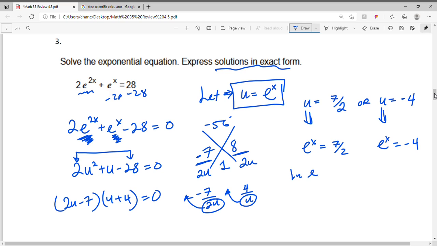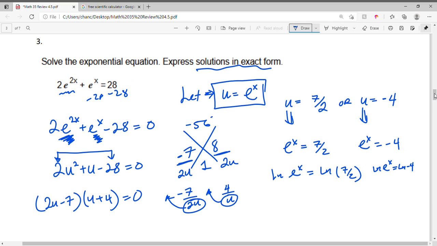The natural log of e to the x equals the natural log of 7 over 2. And this one is the same. It's the natural log of e to the x equals the natural log of negative 4. What happens to the natural log of e to the x? Well, that's equivalent to just x. X is equal to the natural log of 7 over 2.